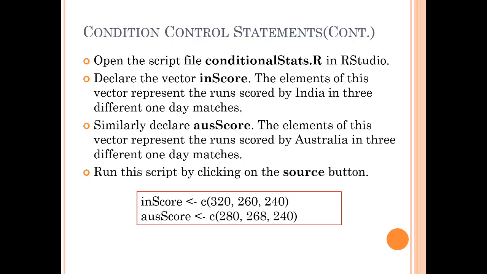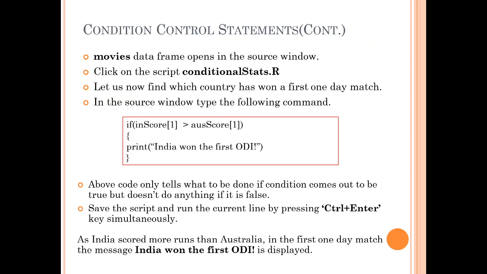Now, going back to the slides. Here is the simple syntax of the if statement that we have used, wherein we are providing the condition that if the ind score of the first match is greater than the aus score of the same match, then we say India won the first ODI.